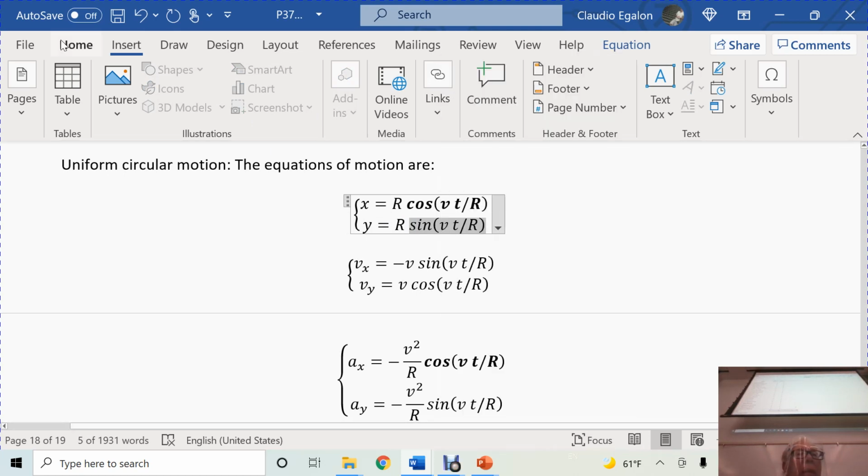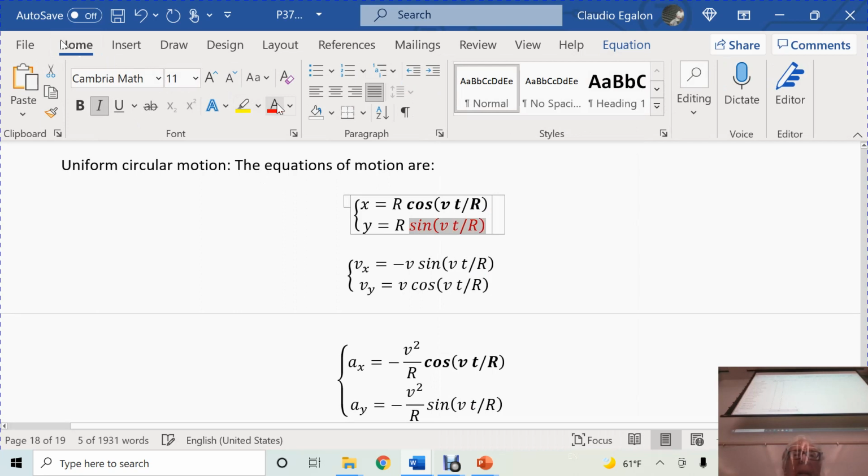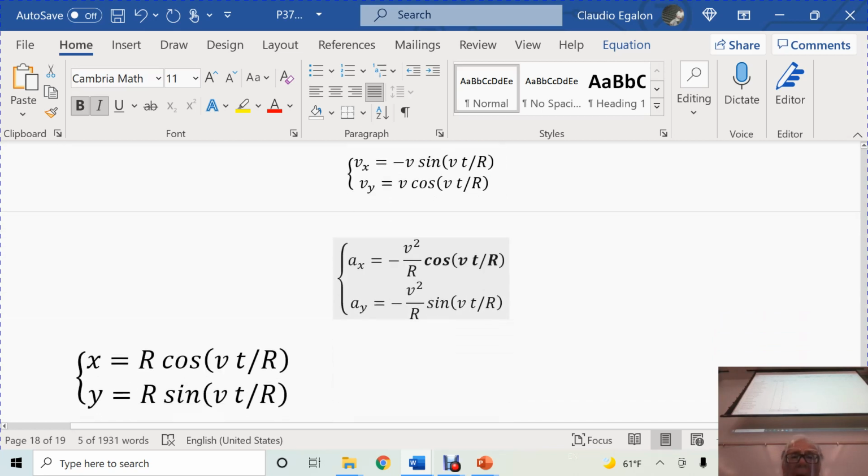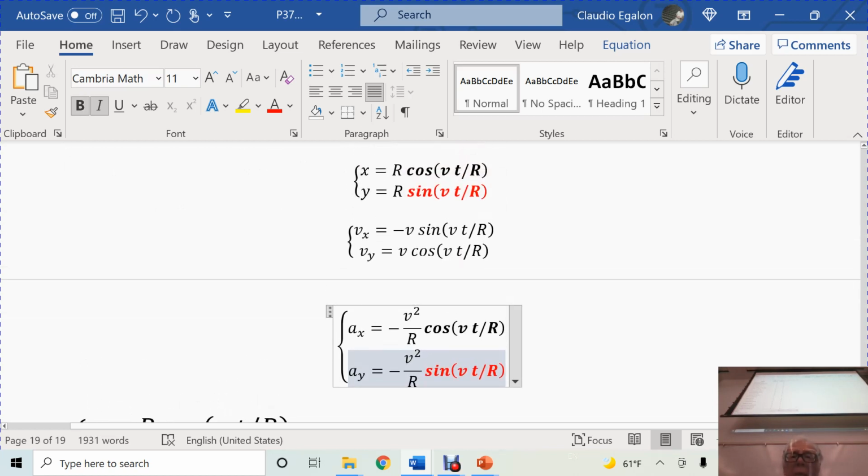You have the y component being sine of vt over r, and the y component of the acceleration also proportional to sine vt over r. The only thing that's changing here is the sign. This one is positive, this one is negative, this one is positive, this one is negative.